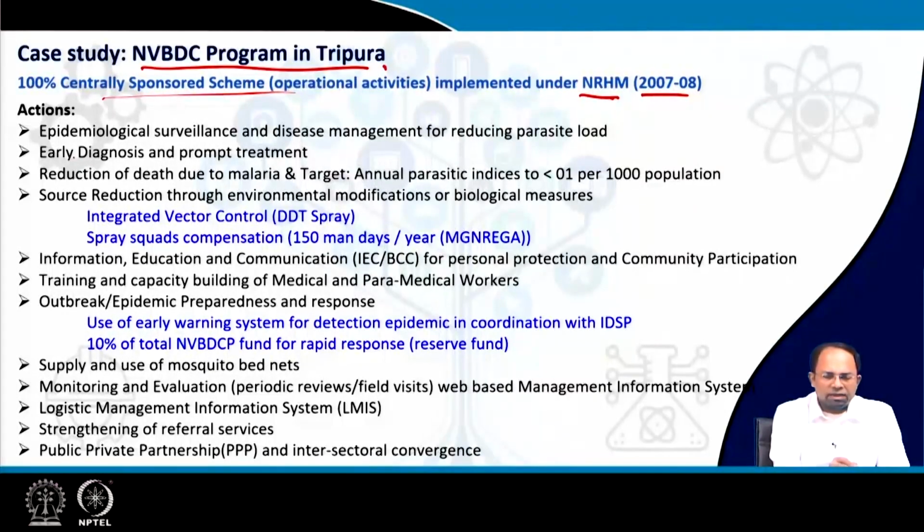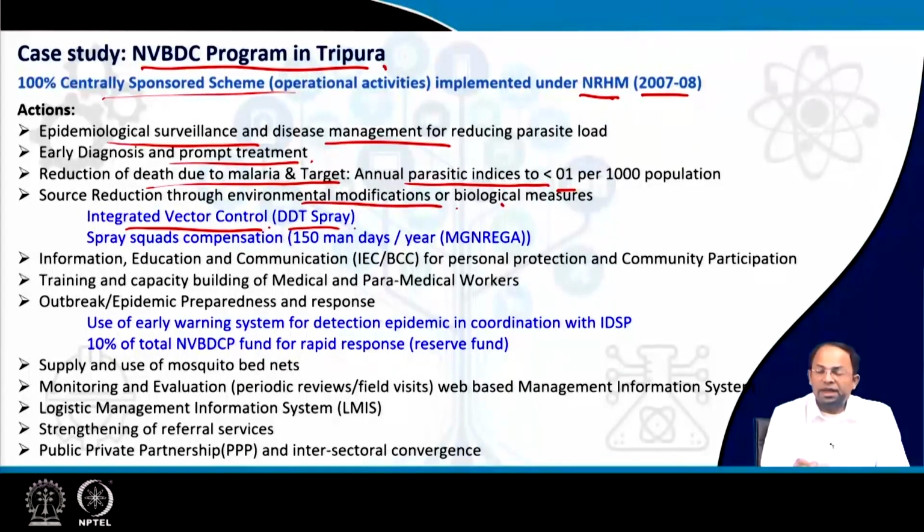The different actions taken were epidemiological surveillance and disease management, early diagnosis and prompt treatment, and reduction of death due to malaria. A target was created that the annual parasite index should be brought down to less than 1 per 1000 population. Source reduction through environmental modification and biological measures was carried out, such as integrated vector control via DDT spray. This was the chemical sprayed in the different areas.